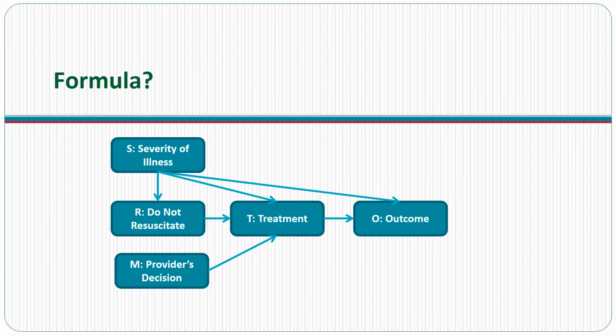Let us see if we can write the equation for estimating the joint probability of the events in this causal network. In general, we know that only the parents of the node matter. We have abbreviated outcome by O, severity by S, treatment by T, physician decision by M, and patient's preferences for not resuscitation by R. For simplicity, we are assuming that these are all binary events.